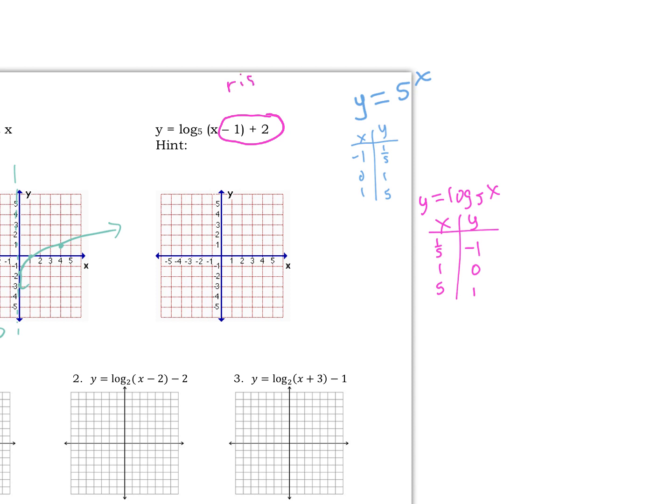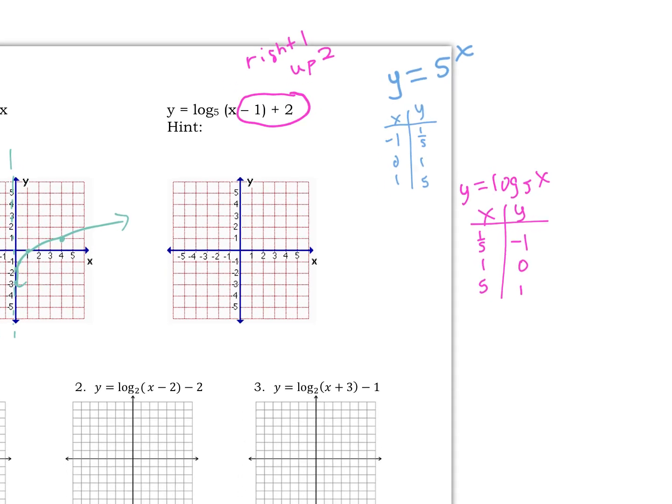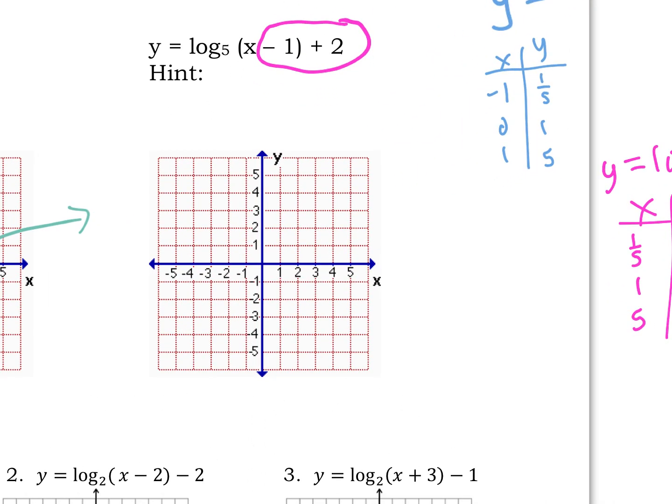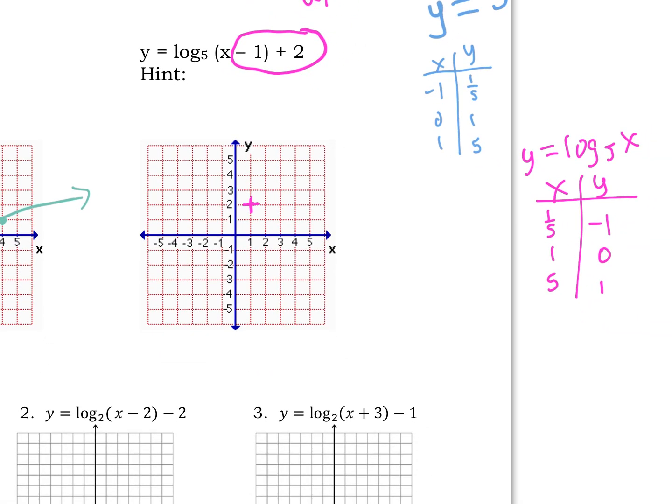Right, 1 up 2. There you go. So we want to go right 1 up 2, and that's where I'm drawing my new starting position, my new hash mark to use as my guide. Then I graph just barely over and down 1, and then over 1, and then 1, 2, 3, 4, 5, up 1 to get the shape of that curve. And notice the asymptote changed here to x equals 1.